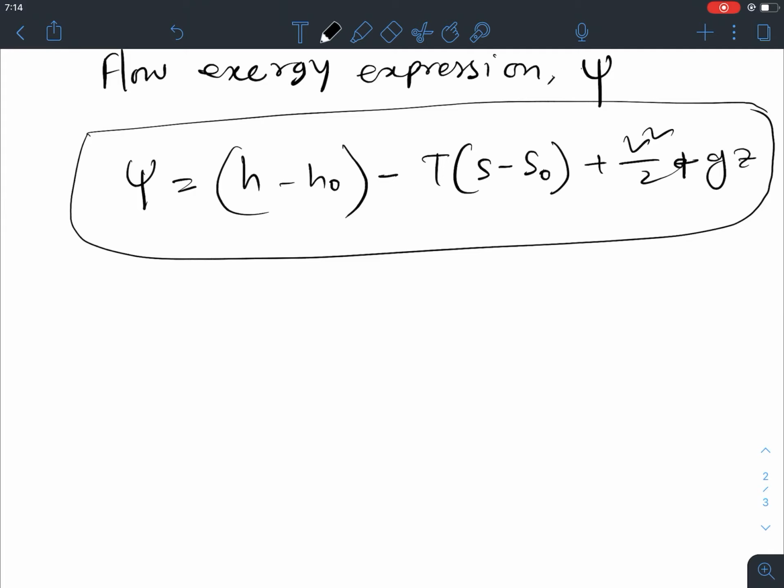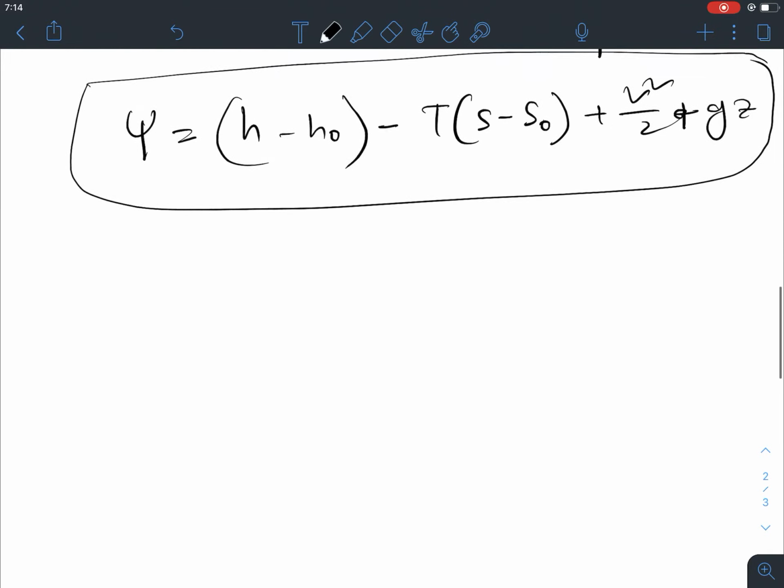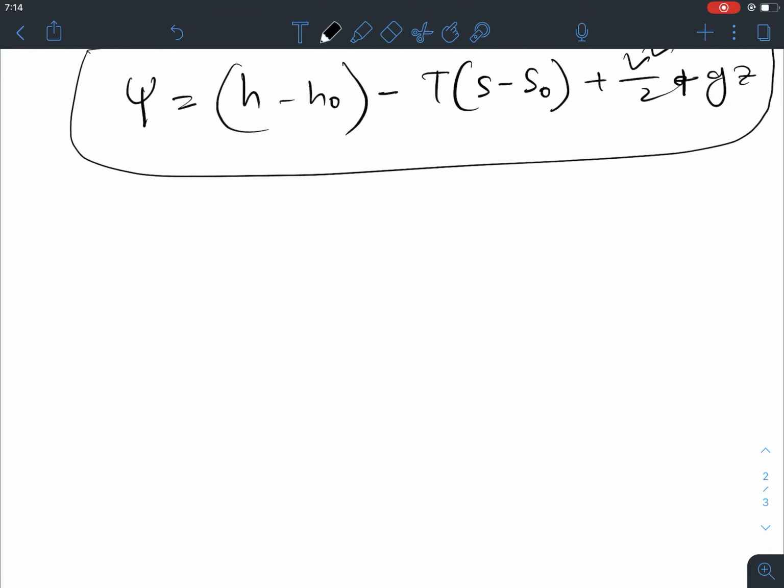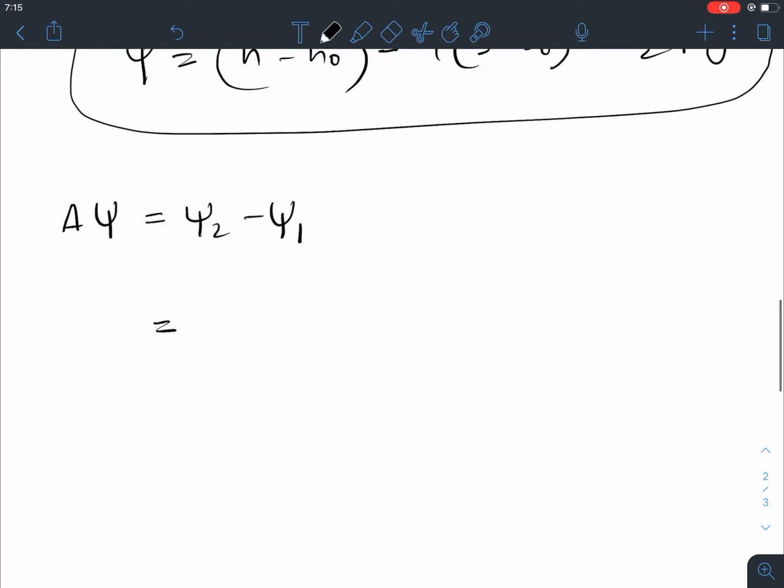Now if we have the exergy change of that fluid stream undergoing a process from 1 to 2, then the exergy change will be expressed by delta psi, which equals psi 2 minus psi 1.